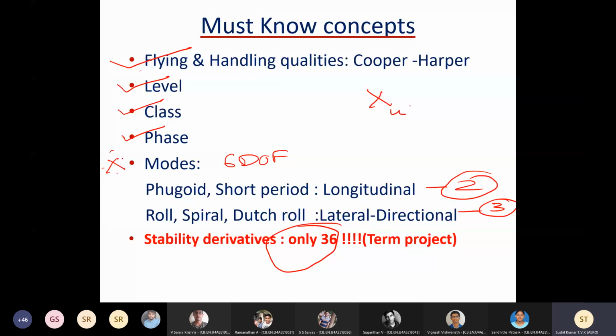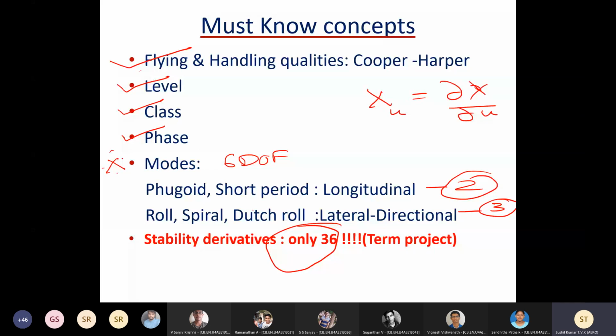And I will give it as a term project for your group. She is doing F1, not 747. So her group will be trying to estimate these using some technique.